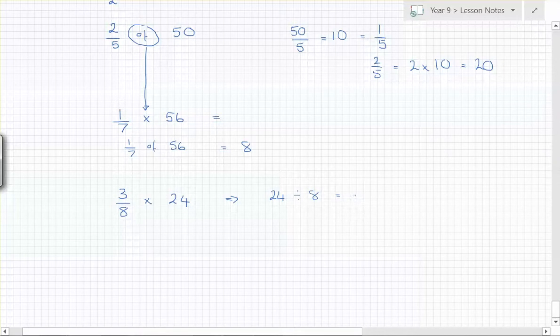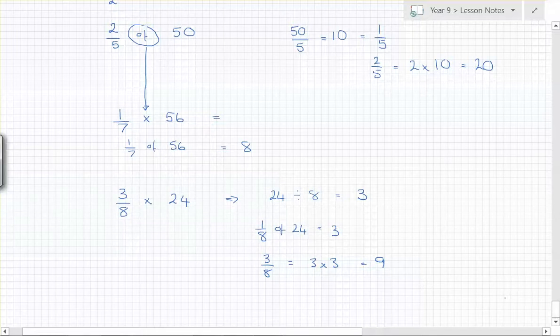What times 8 makes 24? 3. There you go. So 24 divided by 8 means 1/8 of 24 equals 3. So 3/8 will equal 9. So 3 times 3, which equals 9. Alright. So we know how to do a fraction of an amount, yeah?